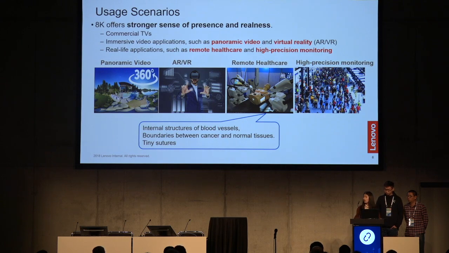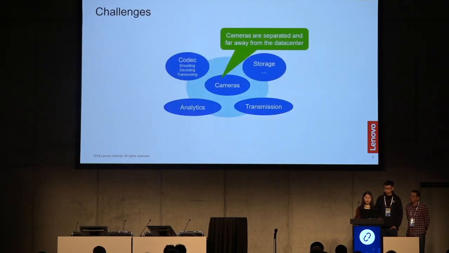And high precision monitoring is needed in crowded areas like streets and airports. To use 8K features, we must first cope with the challenges that 8K video may bring. The challenges come from every procedure, from the camera side to the end user.